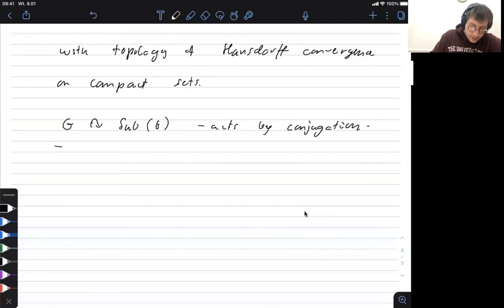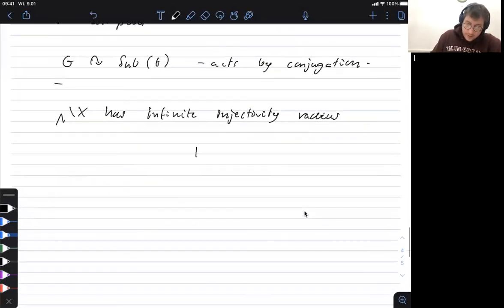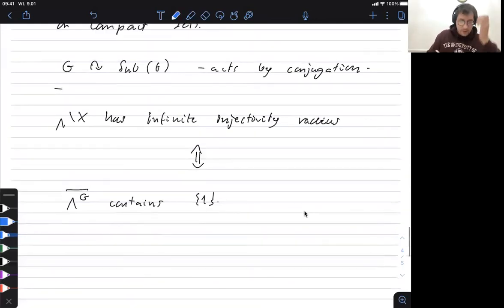A space X mod gamma has infinite injectivity radius. This is equivalent to saying that the orbit of gamma in Sub G contains the trivial group. So that's the translation.